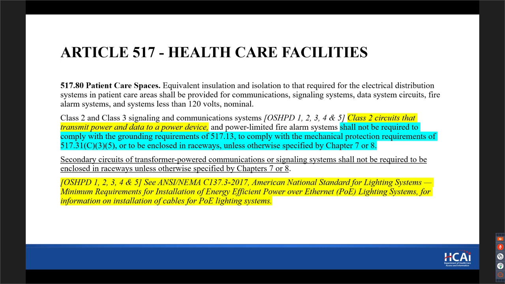The 6-foot flex from the last J box to the fixture itself is accepted in the code to not be required for mechanical protection, but that's just it. Just the last 6 foot from the J box to the fixture itself.